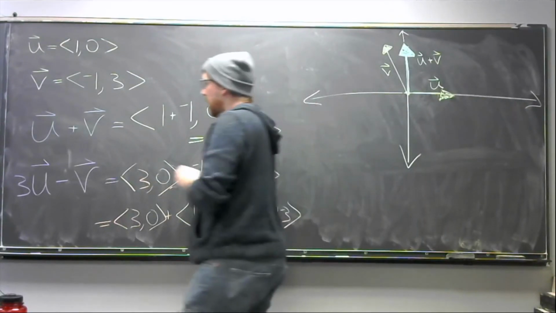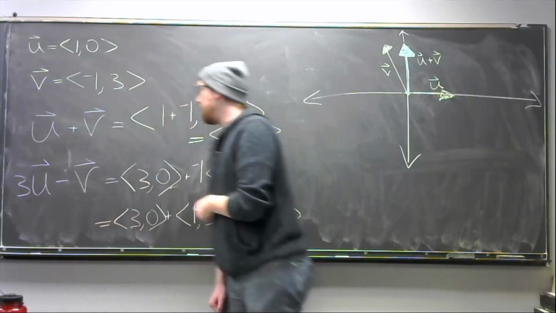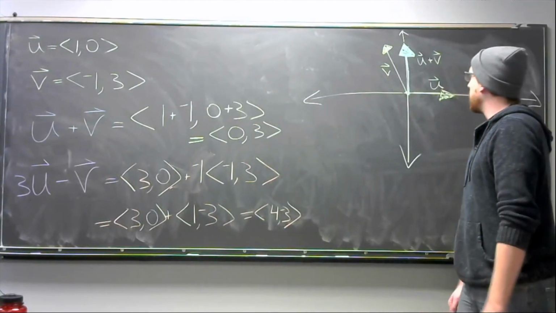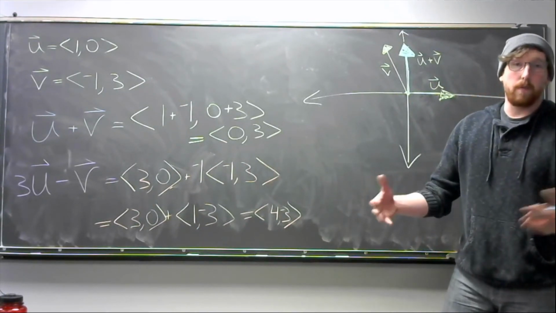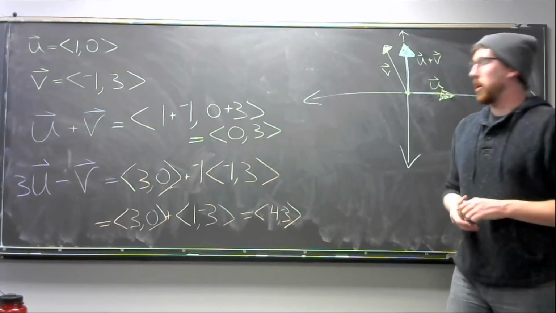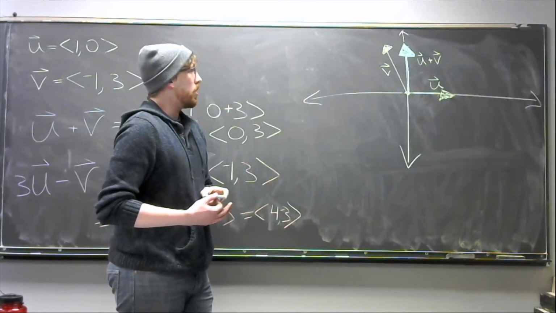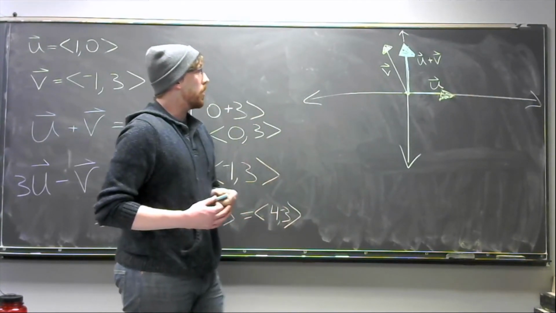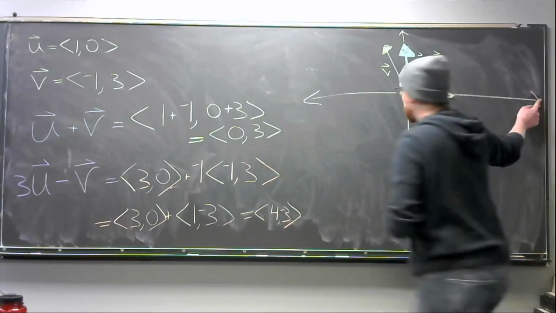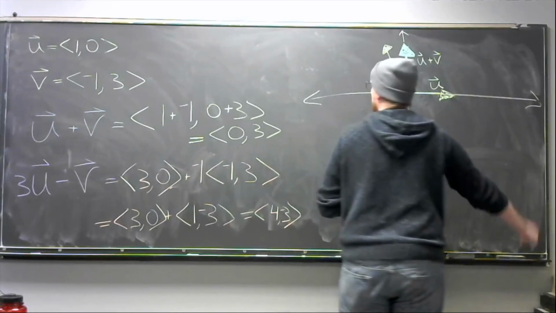Okay. Now the vector 3u minus v. Well, we said that comes to 4, -3. Well, we said that that's the vector with the x component 4 and the y component -3. So that vector is going to be way over here and somewhere down here, right? Yeah, absolutely.